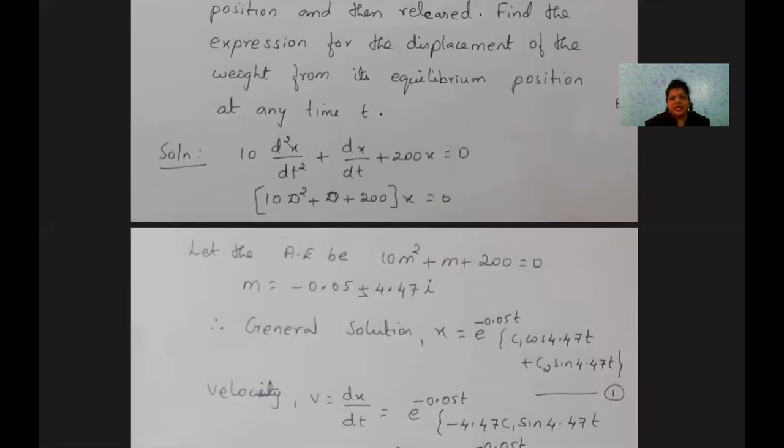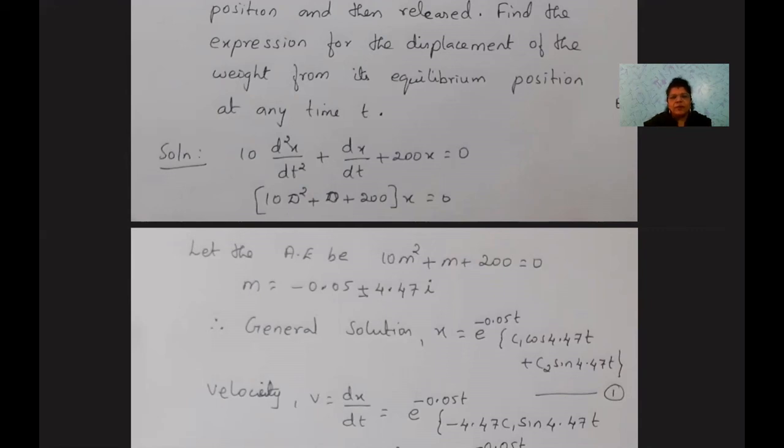To solve this second order differential equation, first we should write the auxiliary equation. That is 10m square plus m plus 200 equal to 0. Solving this quadratic equation, we get the roots as m is equal to minus 0.05 plus or minus 4.47 i.